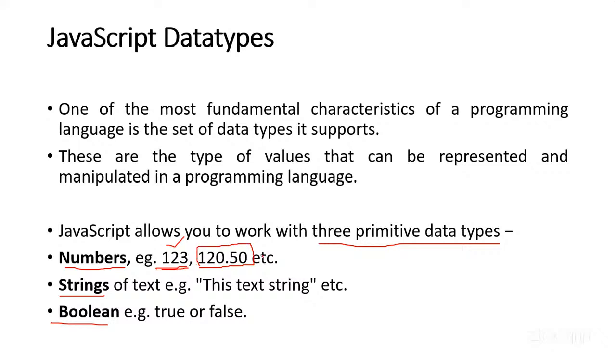These are the different types of numbers we can store, nothing but integer values and float values. For a string, if you want to store any text, we can store it as a string data type that must be included within double quotation marks. The Boolean data type has only two values, true and false, in lowercase letters.